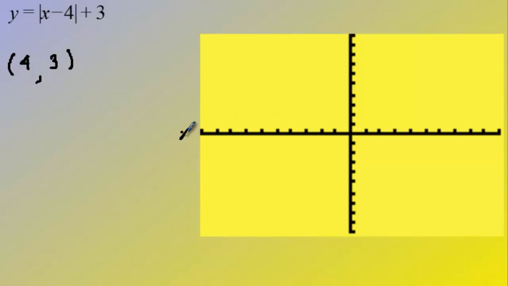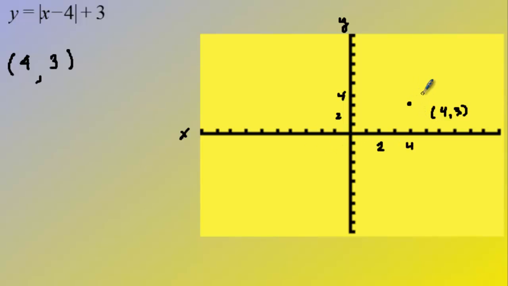So I'll go to my graph, I'll make sure I label this, and I'll make sure I put my scale on there. Now the parent has its vertex at 0, 0, so I'll start there, but the shift of the vertex is now at 4, 3. So I'm going to go over 4 and up 3, and that's my vertex. Again, I want to label that 4, 3. Now it's a positive absolute value, so the rays open up, and they're going to have a slope of 1.